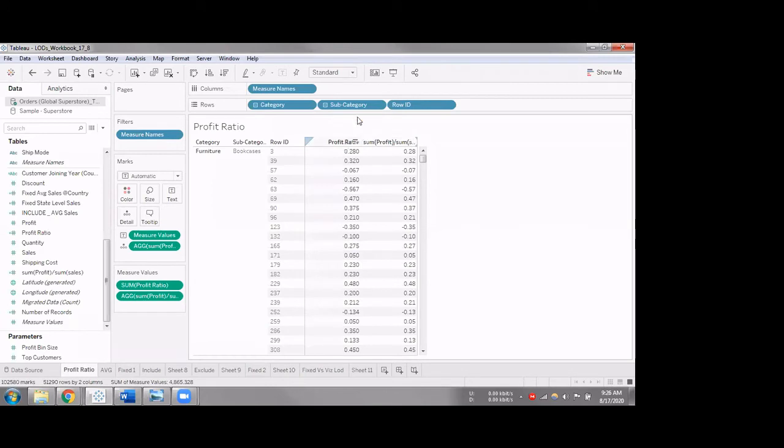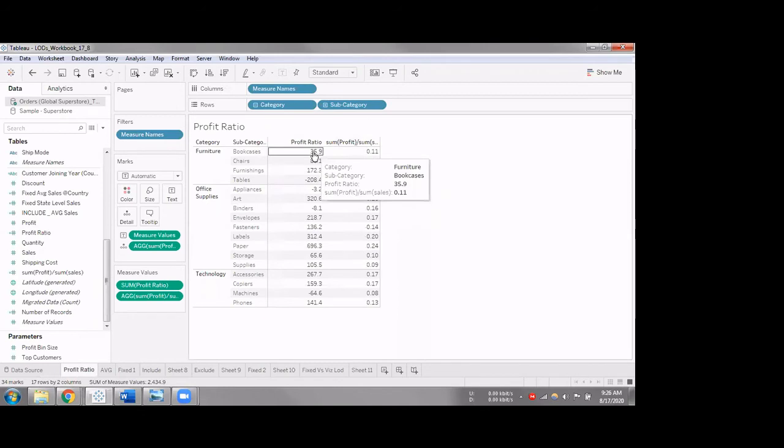But when I drill down to subcategory, my ratio is never supposed to go over 1. Here, where we didn't provide the aggregation, you can see it's crossing 1 and giving us values that don't make any sense. It's because of the order of aggregation.